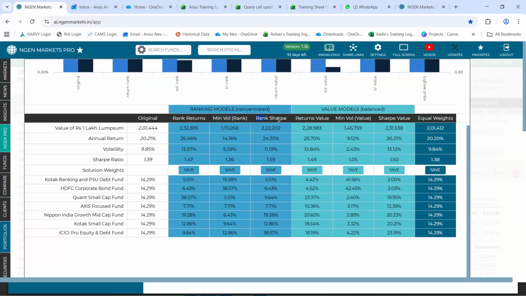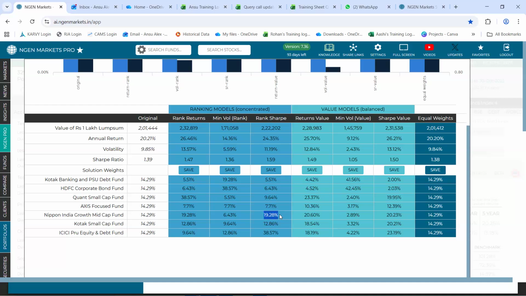And then the model that we are left with in the ranking model is the rank Sharpe. Here as well, as the name suggests, the objective of this model will be to maximize the Sharpe ratio. An original Sharpe, which was to an extent of 1.39, has now come up to an extent of 1.59. This again is achieved wherein it gave 38% to iPru Equity and Debt Fund and 19% to Nippon India Growth Mid Cap Fund.